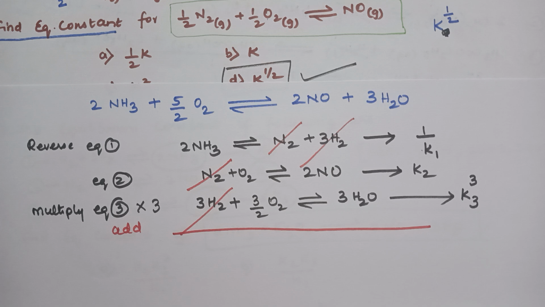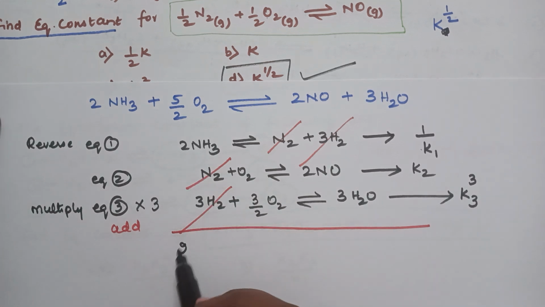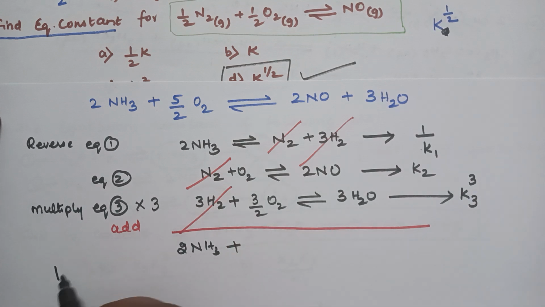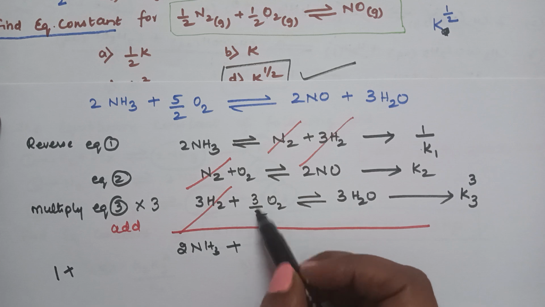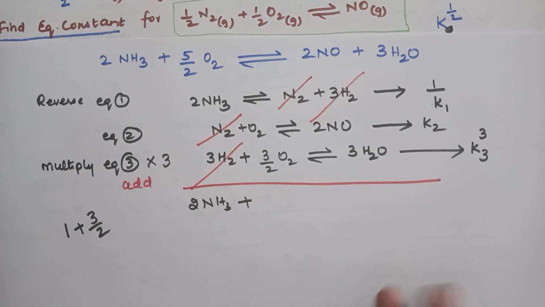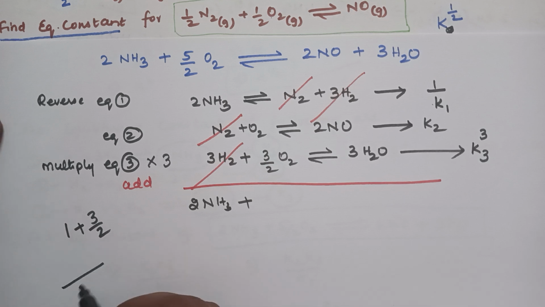So remaining, what you will get? 2NH3 plus oxygen, you have to add. Here 1 time oxygen plus 3 by 2 oxygen. So 1 plus 3 by 2, how much will you get? The LCM is 2. So it becomes 2 plus 3, which is equal to 5 by 2.